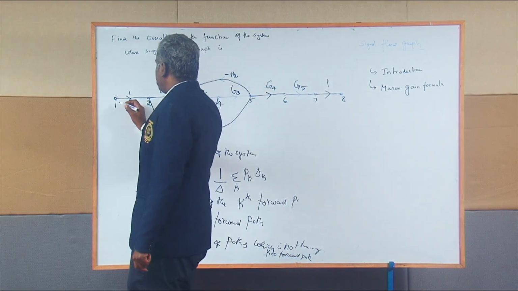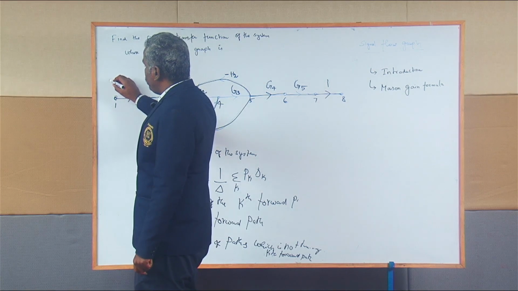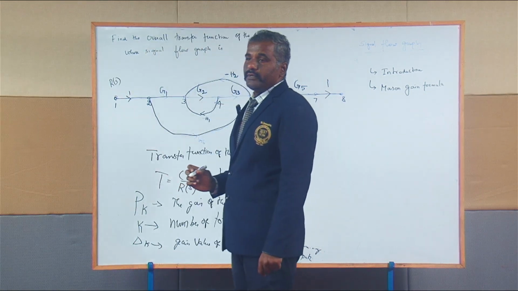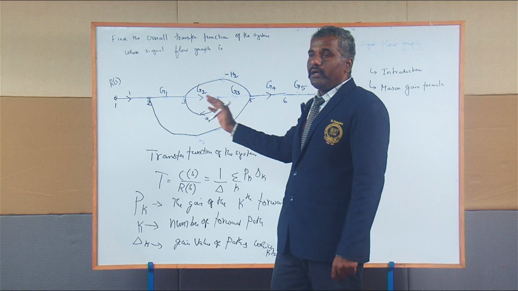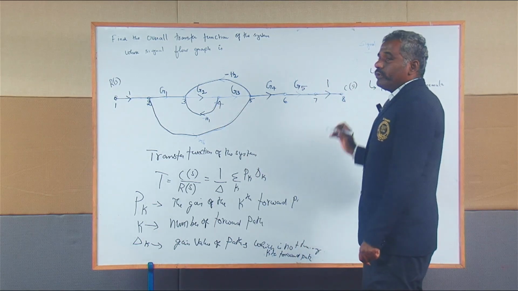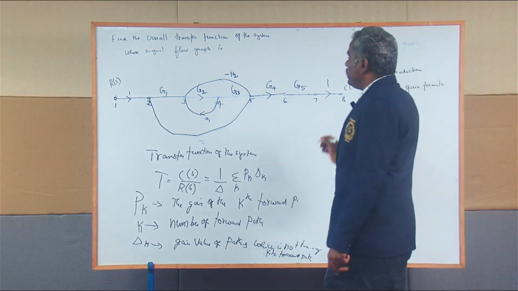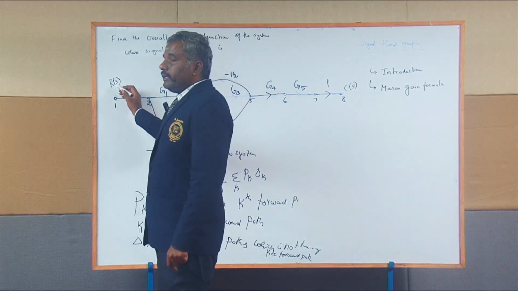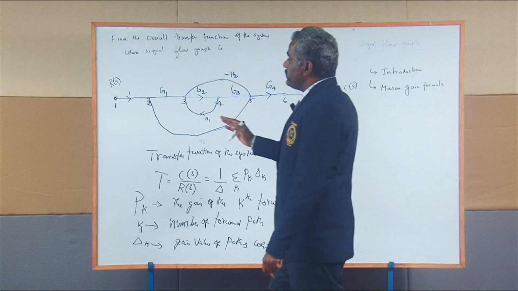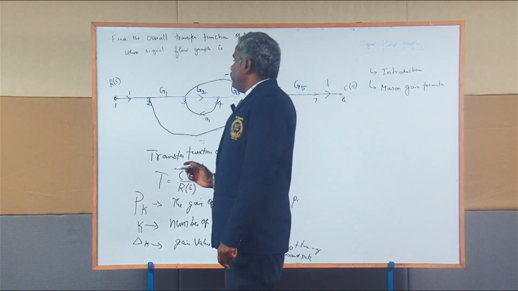The first thing is to assign the input value, which is R of S, at the first node, and the 8th node is indicated as the output node, C of S. After assigning the input node as well as the output node, only then do you proceed with the signal flow graph problem.